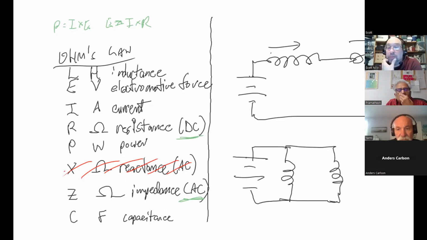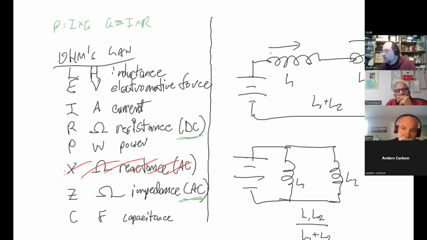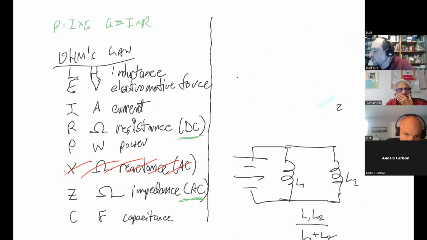Well, again, it's going to split the current. And so for an inductor, L1 and L2, these add. For inductors in parallel, L1 and L2, these actually go in parallel and they have that same funny looking equation. The calculations are very much like resistors.